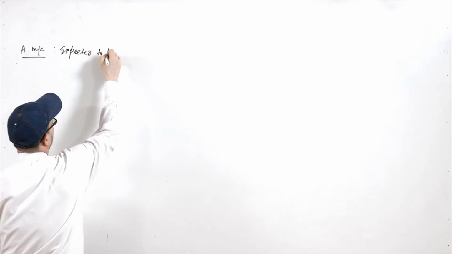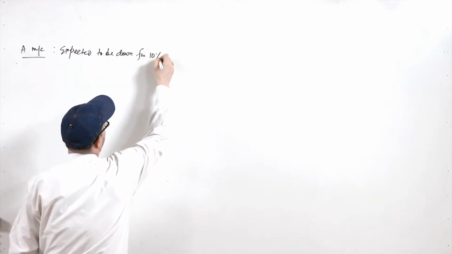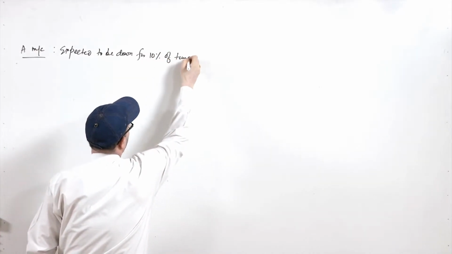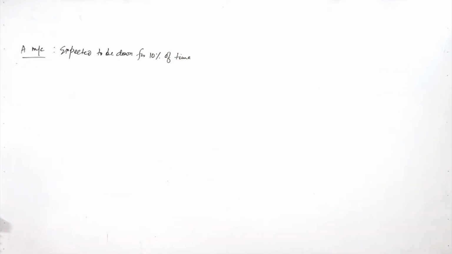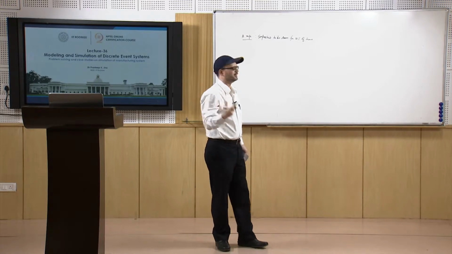We may have the data in different forms. It means that for 90% of the time it is up and for 10% of the time it is down.